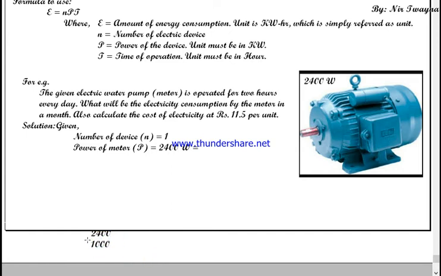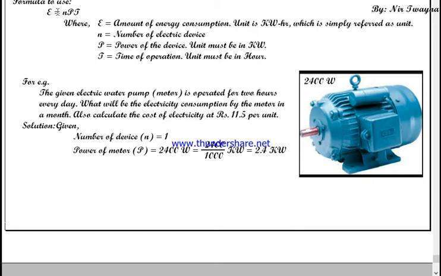Let me make the fraction. 2400 divided by 1000 equals how much? It will give 2.4 kilowatt.